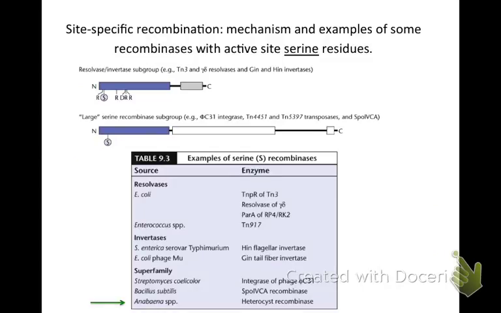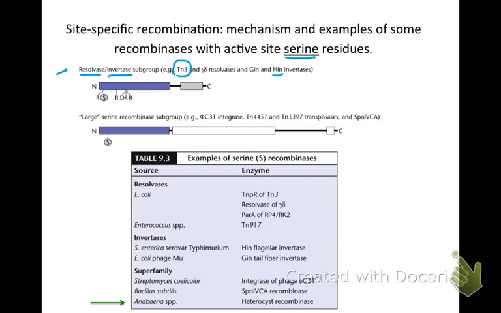Well, let's look at some of the specific examples. These are two categories of recombinases that have an active site serine. And notice that they're very different in size. The first group includes a resolvase, res, that we've already seen that functioned in Tn3, and it's very similar to the Hin invertase.